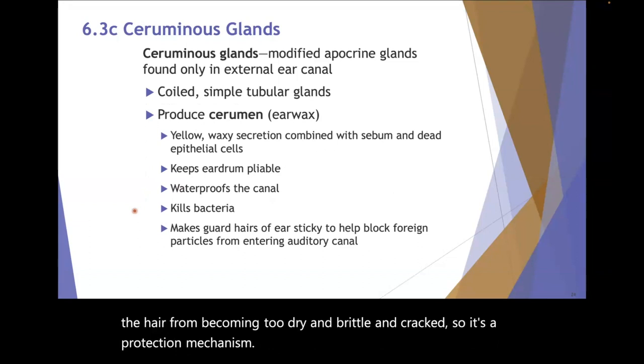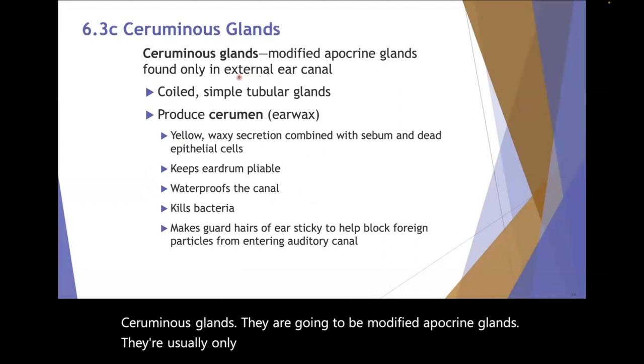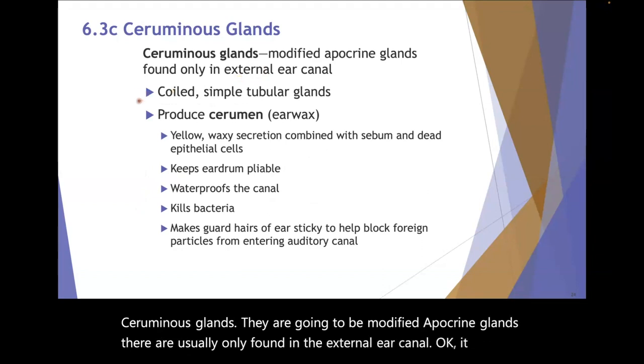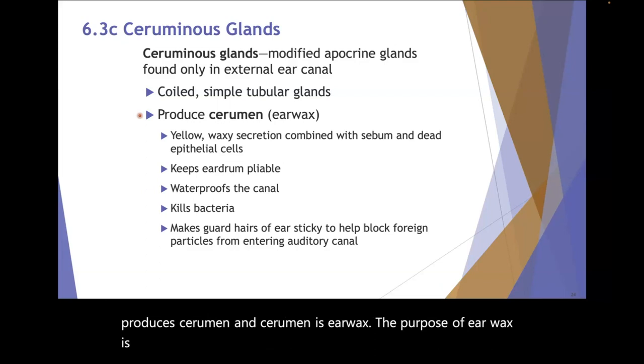Ceruminous glands are modified apocrine glands. They're usually only found in the external ear canal. They produce cerumen, and cerumen is earwax. The purpose of earwax is protection. The shape of them, they're coiled, simple tubular glands.